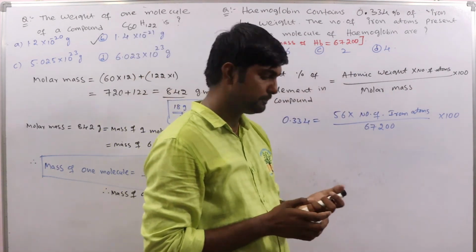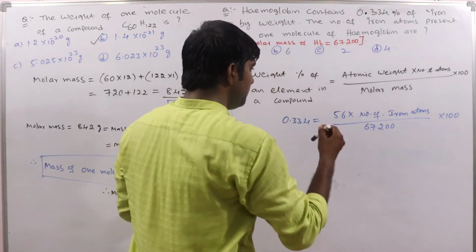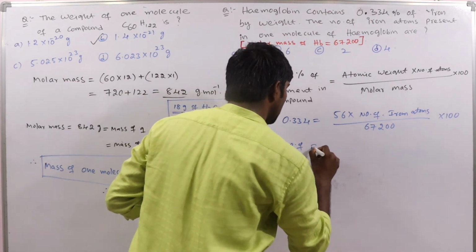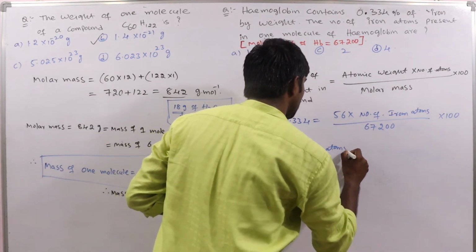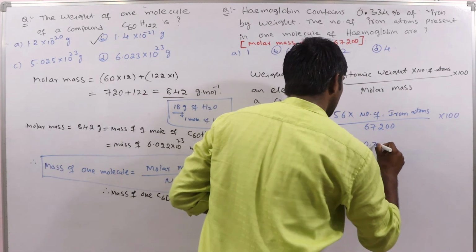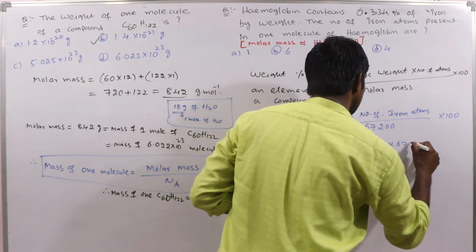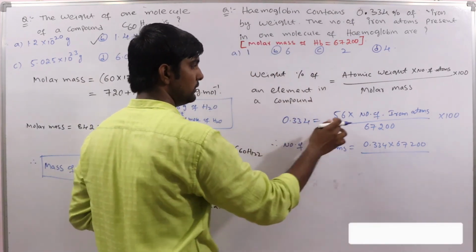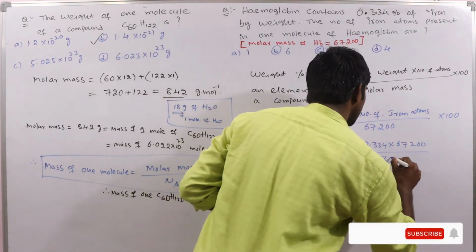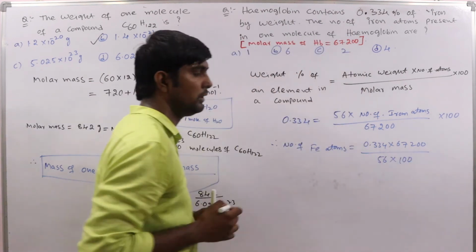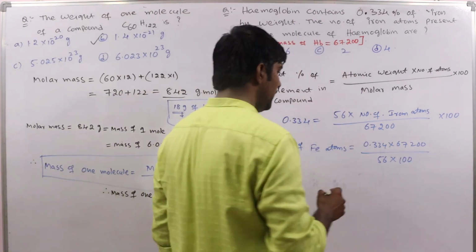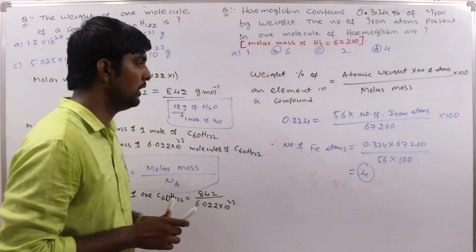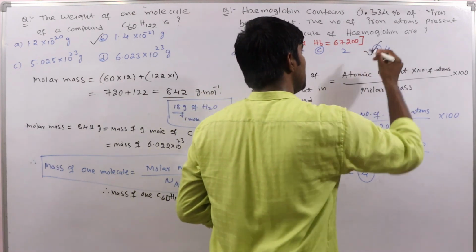So if we simplify, the number of iron atoms is equal to 0.334 into 67,200, doing cross multiplication, divided by 56 into 100. After simplification we get 4. So option D is the answer.